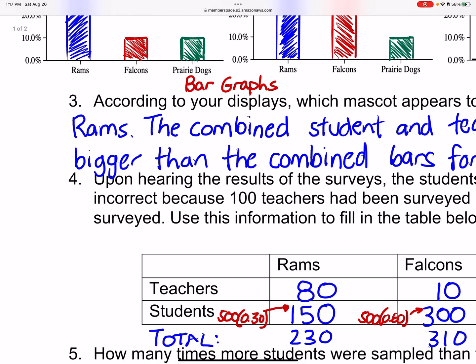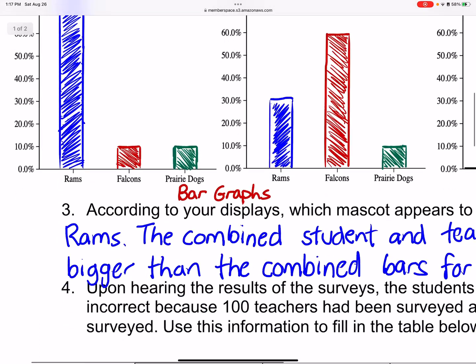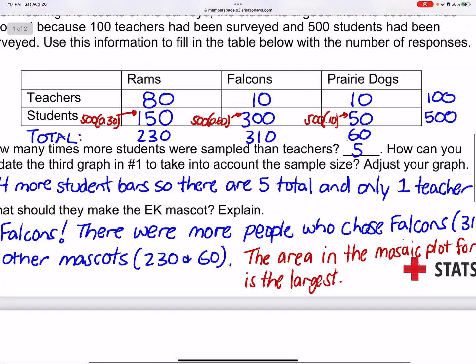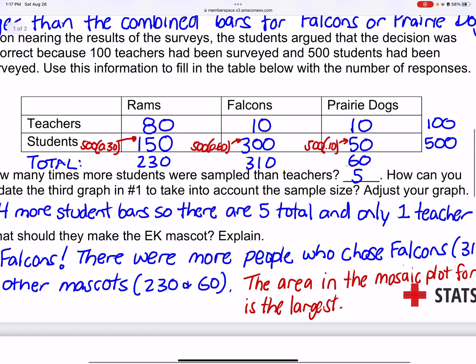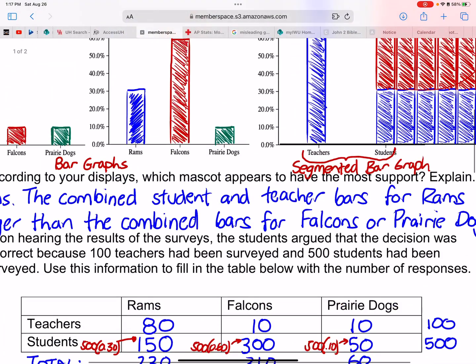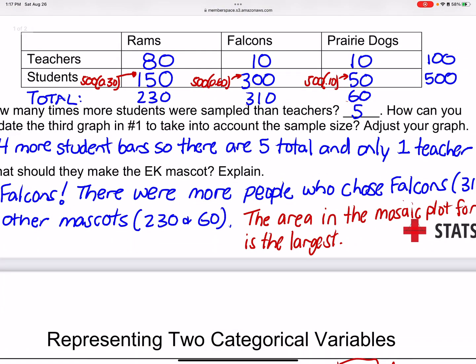However, we also know this is just percentage, and this is why you have to be careful and not compare percentages or combine percentages without knowing the totals. And that indeed is the issue here. There are only 100 teachers and 500 students. When you multiply 500 times 30%, because 30% of the students are RAMs, that only comes out to 150 students, whereas 500 times 60%, which is how many wanted the Falcon, is 300.